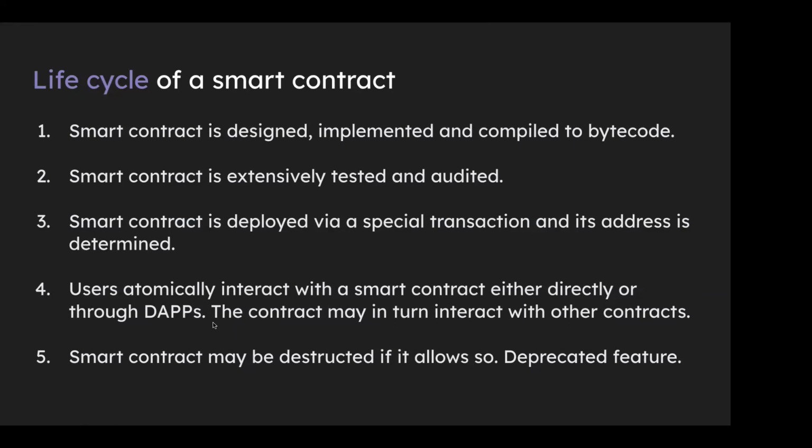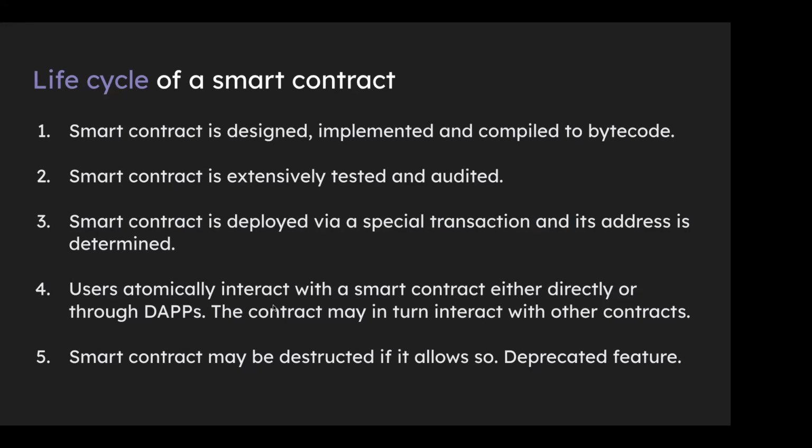And a smart contract may interact with other smart contracts. What I mean here is that Ethereum as a blockchain is isolated from the outside world, so you can't query anything from outside into Ethereum, but you can do whatever you want inside Ethereum.